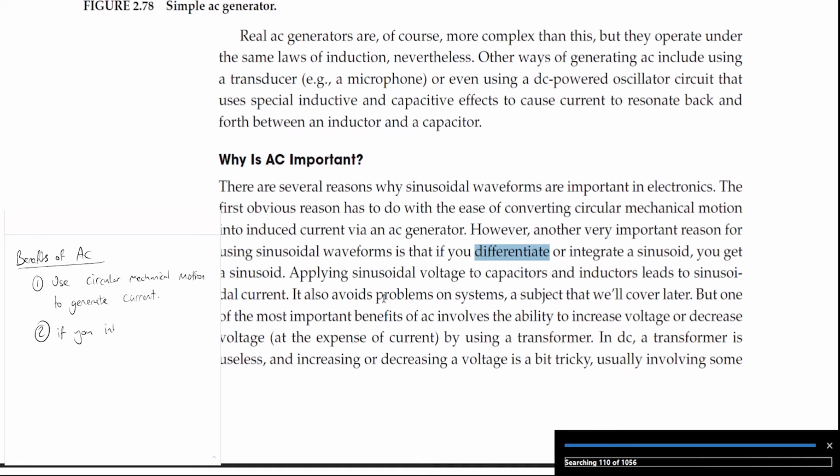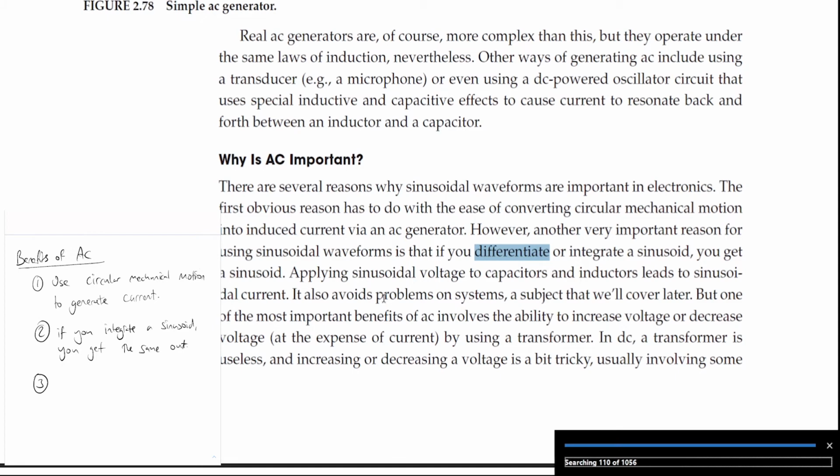If you integrate a sinusoid, you get a sinusoid out. Is that the correct terminology?